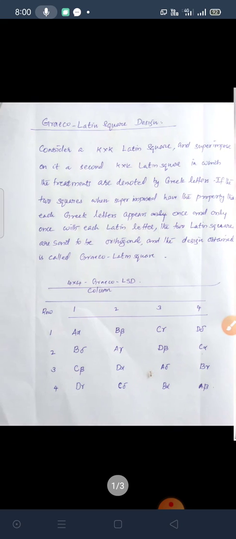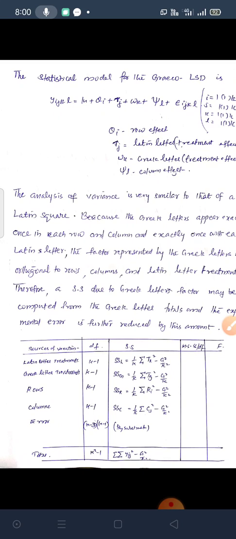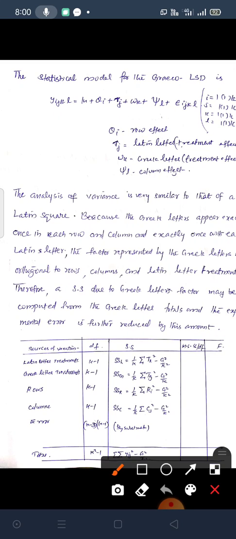So the total variation due to treatments is divided into Greek letter treatments total plus Latin letter totals. So therefore we get a sum of squares due to Greek letters. So this is the new factor, a new set of treatments, alpha beta, the Greek letter treatments.